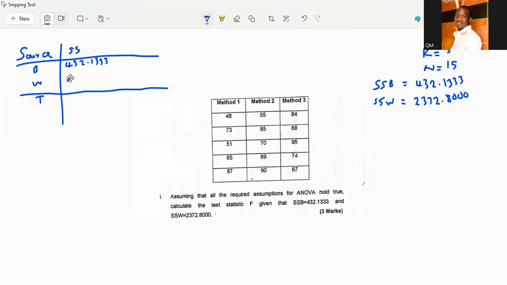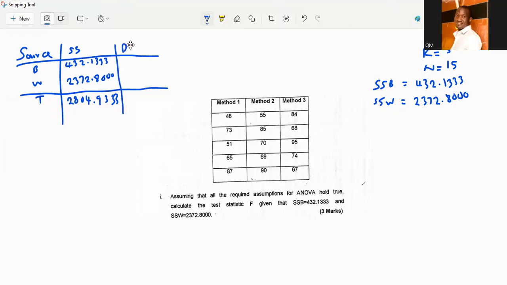Within, 2372.800. Total, we just total up there. What are we getting? 2804.933.